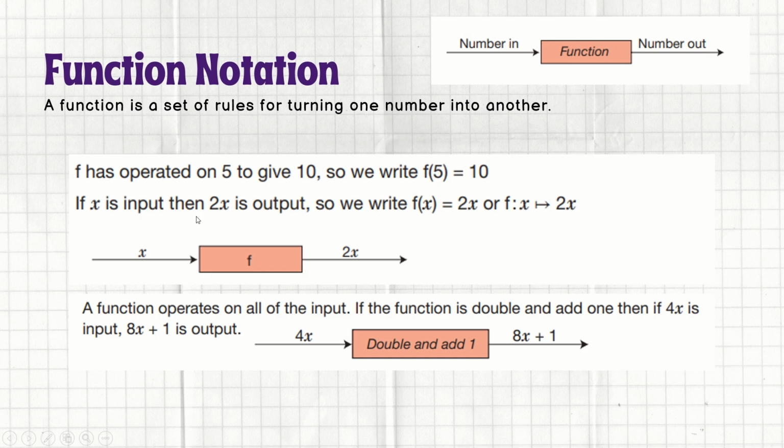So if we put in 4x to a function and the function is double, we need to double 4x. 4x gets doubled, we get 8x, and add 1, the function says. So the output of this function is 8x + 1.